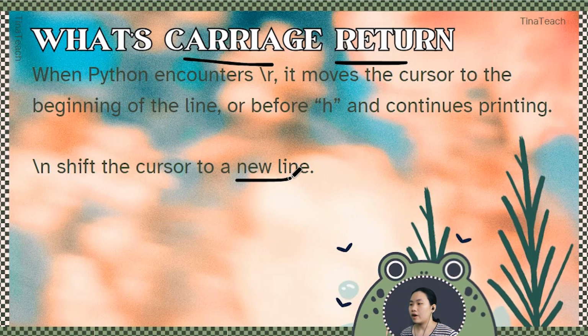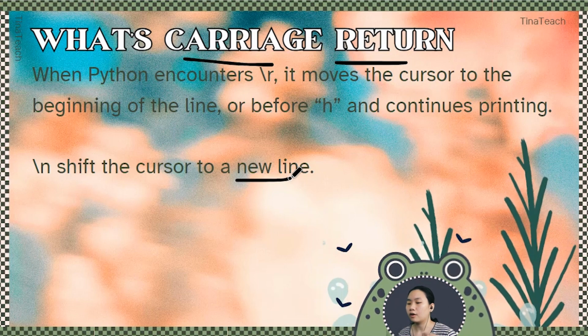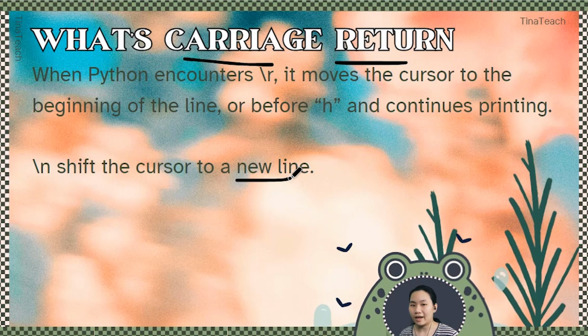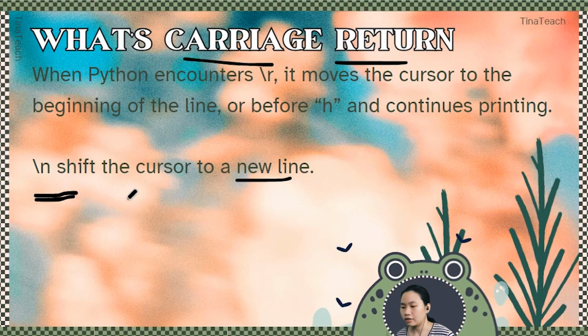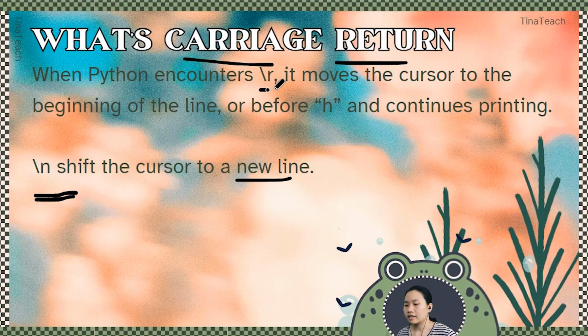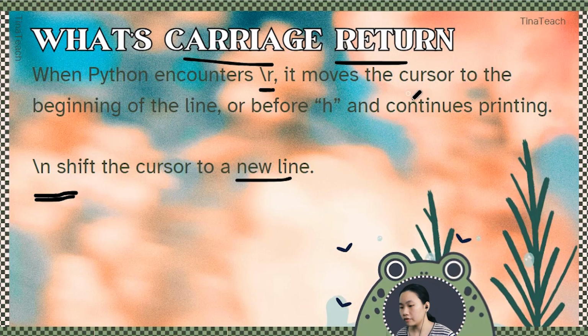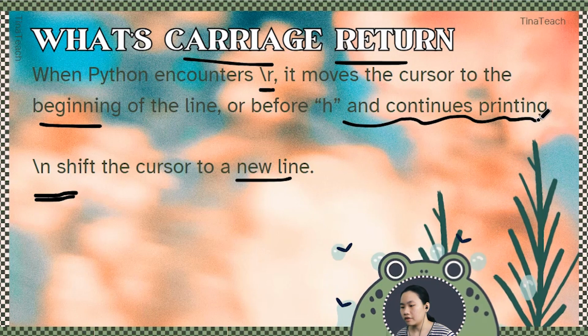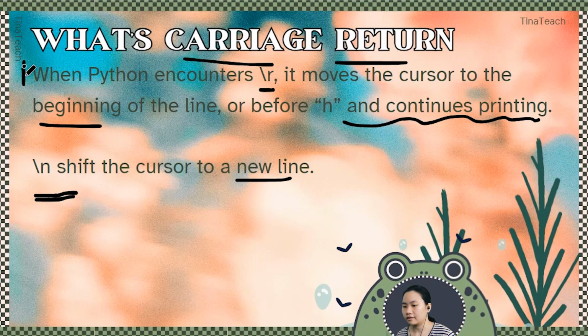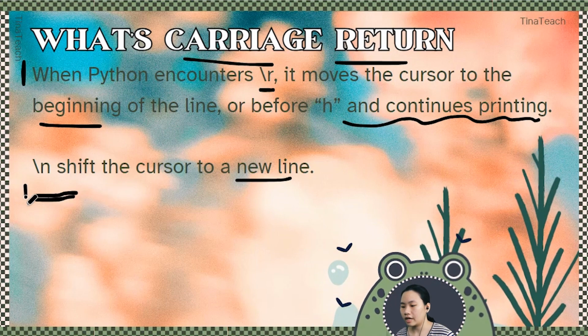So if you have hello world, it will print hello world, and then the cursor will go down to this line right here. But when Python encounters a carriage return, it moves the cursor to the beginning of the line. So after it prints all of this, the cursor goes back here, as opposed to a new line, where it goes down here.